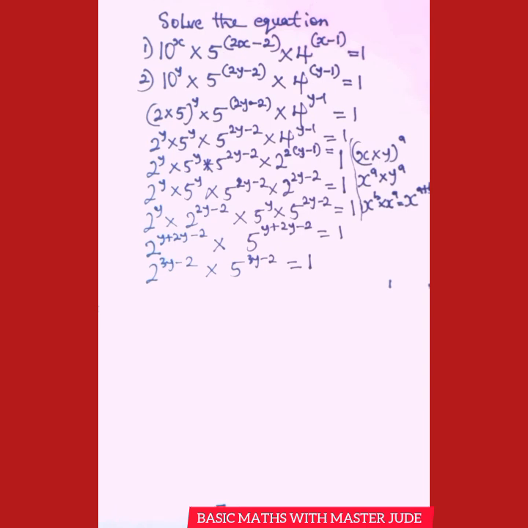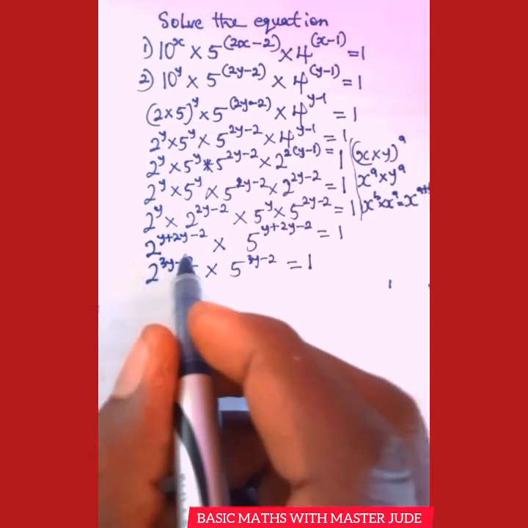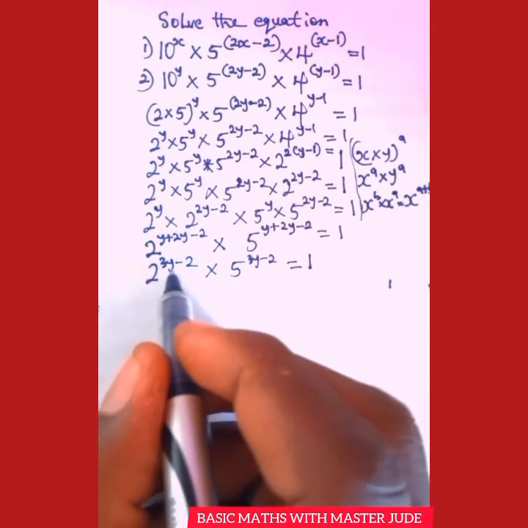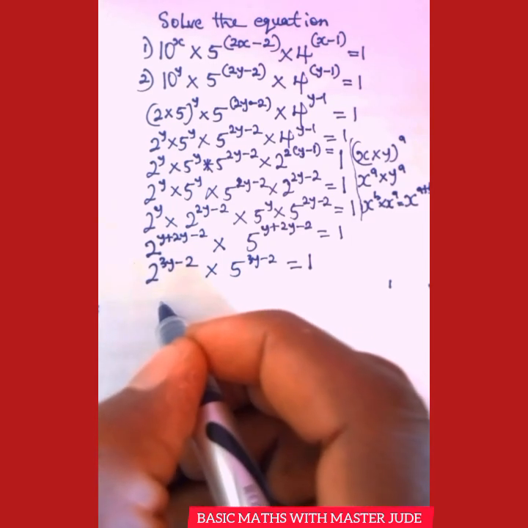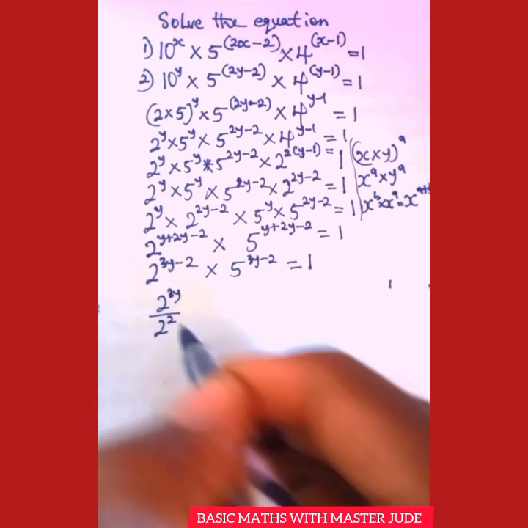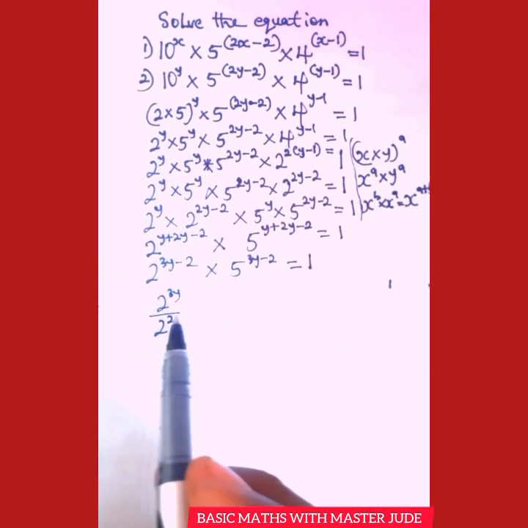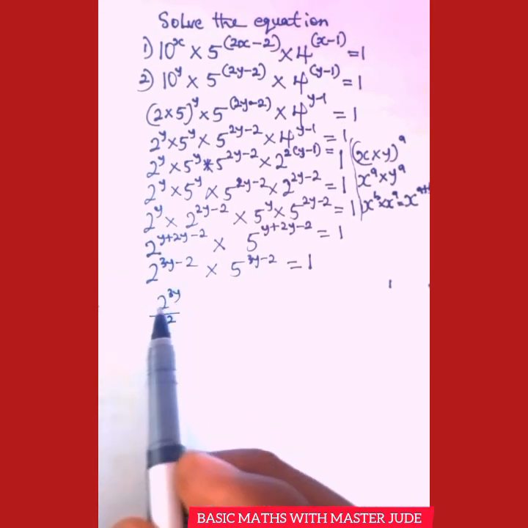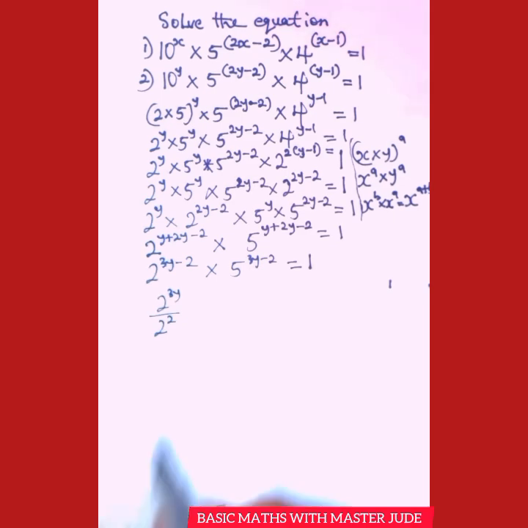Now, I know that this 2^(3y-2) can be simplified as 2^(3y) all over 2^2. Division is the same as subtraction if their base is the same.